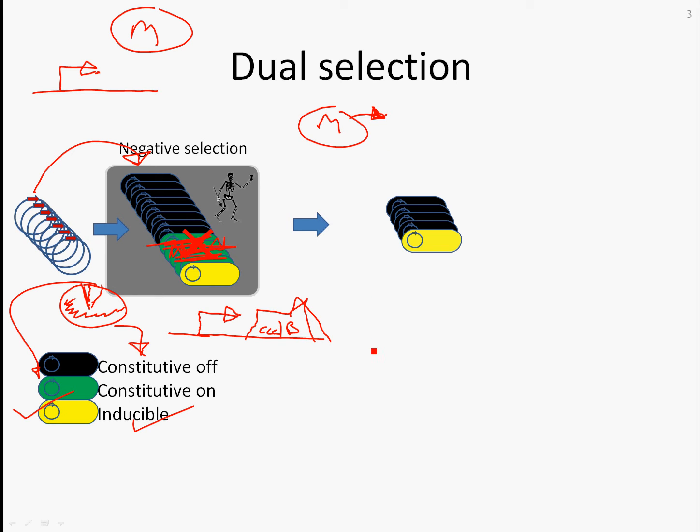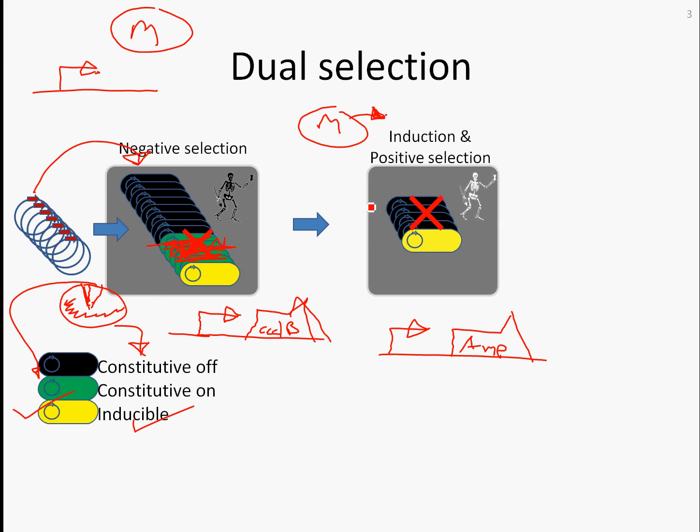In order to do it, we attach the output of our promoter, instead of to a poison, to a positive selectable marker like ampicillin or chloramphenicol, or whatever your favorite antibiotic is. And you're going to hopefully see a promoter that will respond to M and turn on.